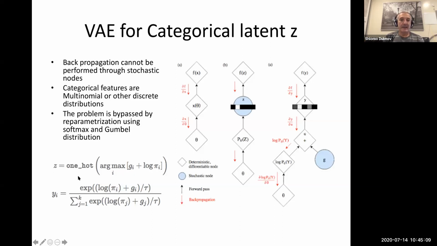This is a way to combine the softmax with variational autoencoder. It allows us basically to take a one-hot representation and plug in the softmax. So you have here a little bit more complicated way of trying to use variational autoencoders with categorical variables.